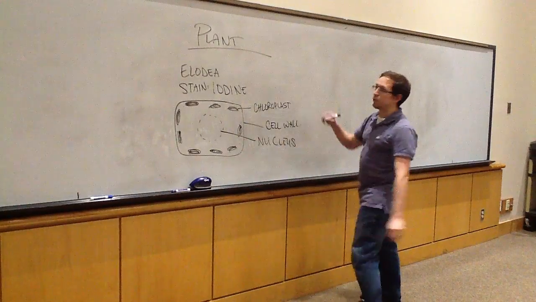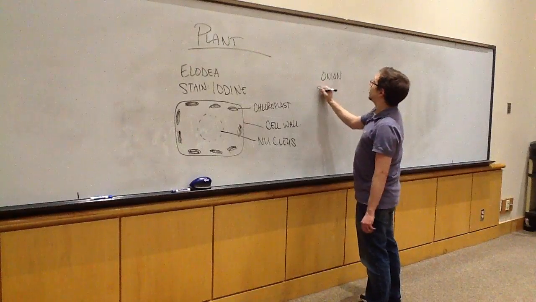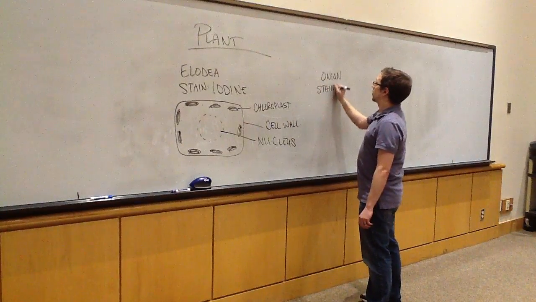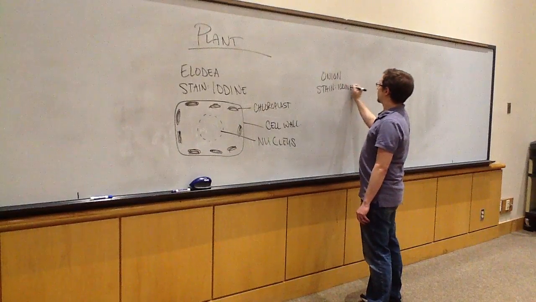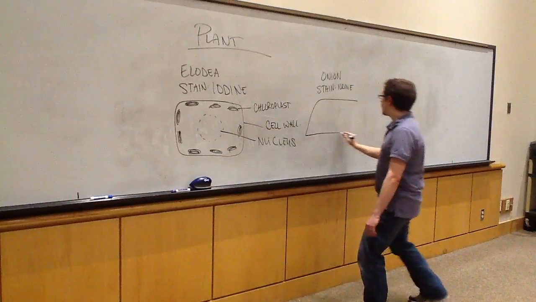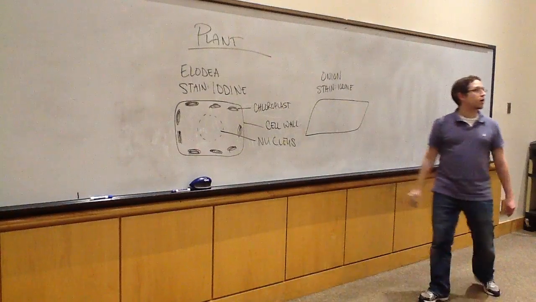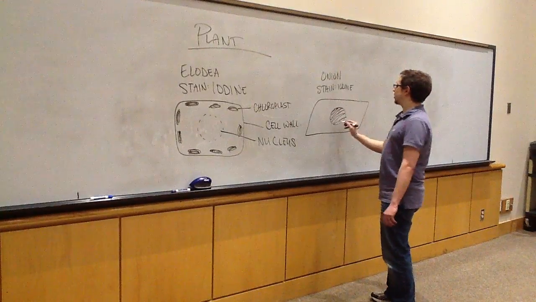Now we did a second plant cell as well, which we got from an onion. And again, what stain did we use here? Iodine. We used iodine yet again. Okay. And when we did that, what you hopefully saw was this kind of elongated cell with a very, very dark structure in the center.